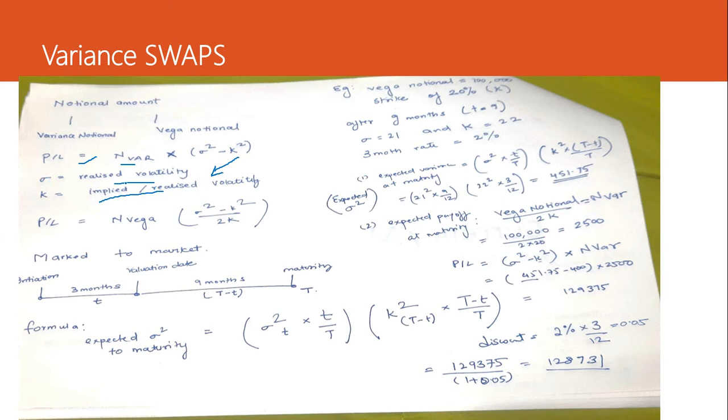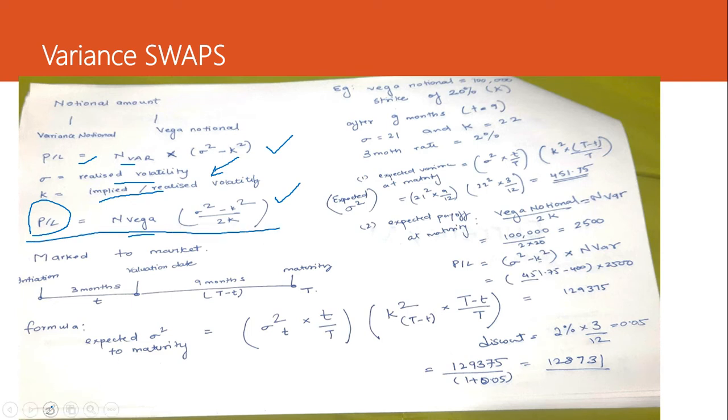PNL is equal to N vega times (standard deviation squared minus K squared) upon 2K. If you see over here, the N var was already available. So in essence, N var and N vega will have different formulas. You have to remember both of them. So these are the important formulas that you need to remember.